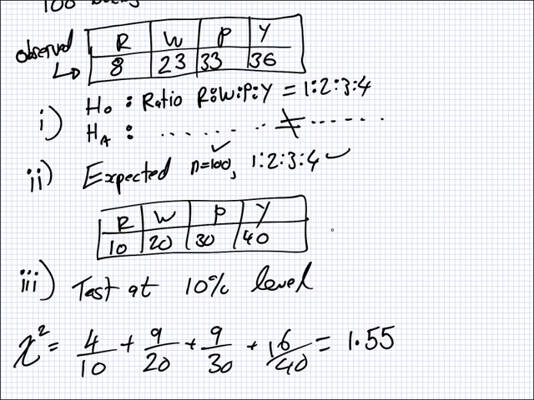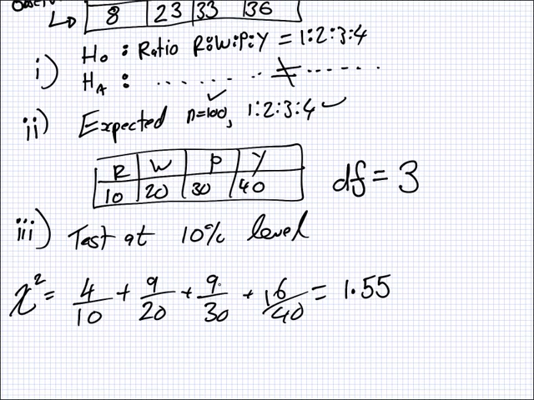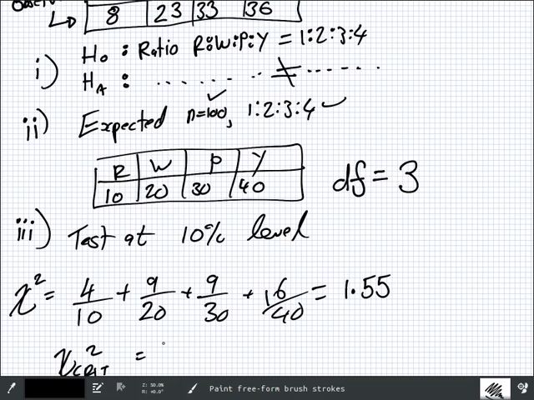Now, who remembers how many degrees of freedom this table has? You first said 4 and then realised it's 3. So what we do is go to the table book and look up the critical value. If we go to 10% and 3, we get a critical value of 6.25.